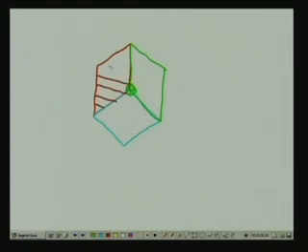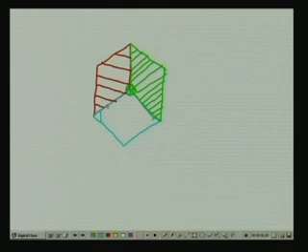One of them is a red face, the other one is going to be a green face, and the third face that we are going to look at in this case is going to be a cyan face. So these 3 faces we are going to be able to see when we look top down in the direction of the solid diagonal.